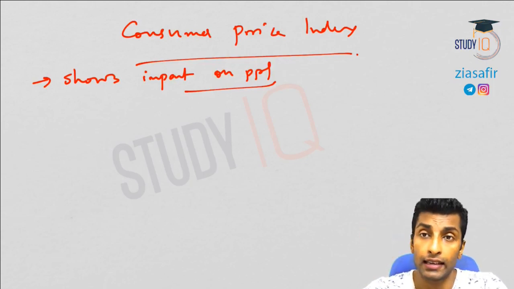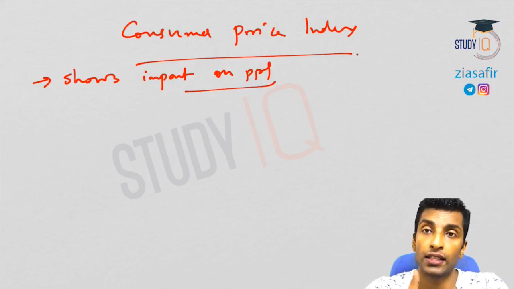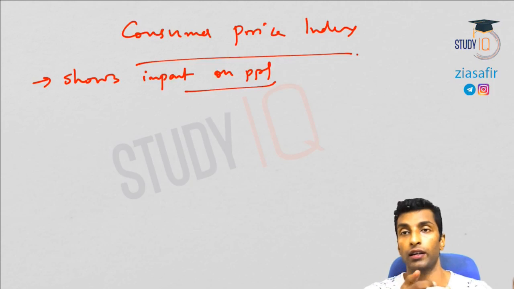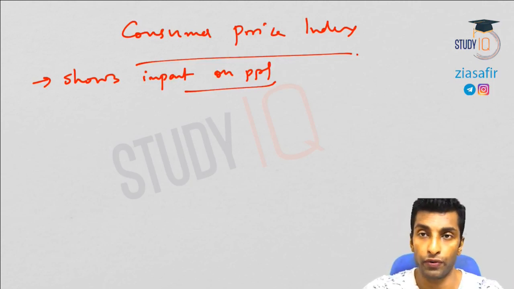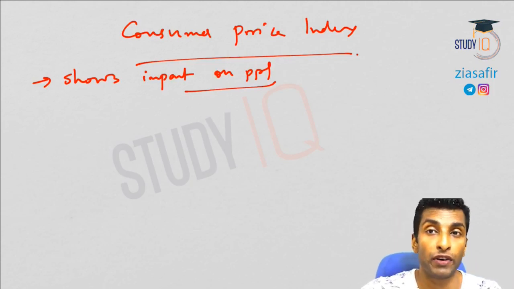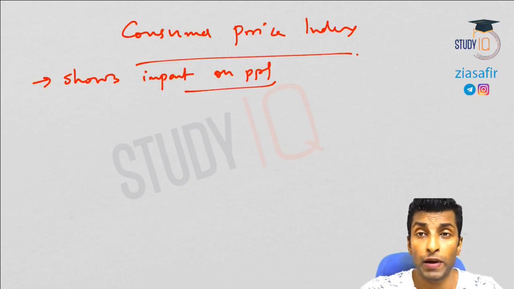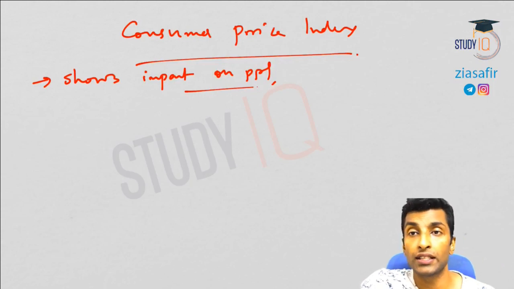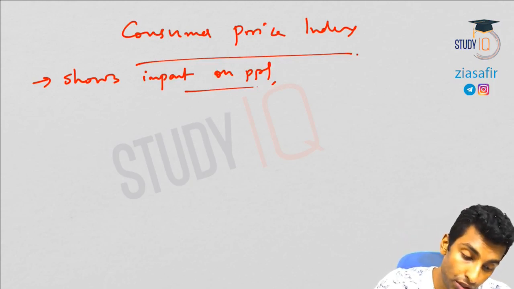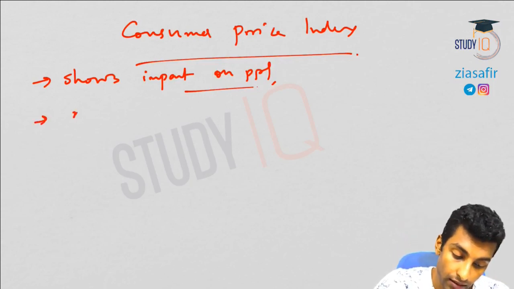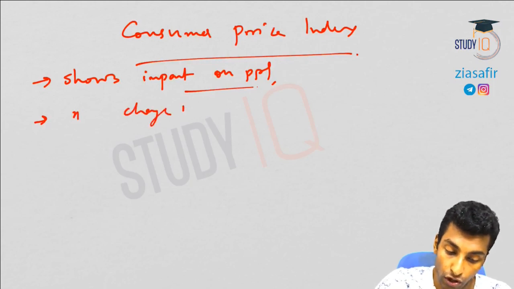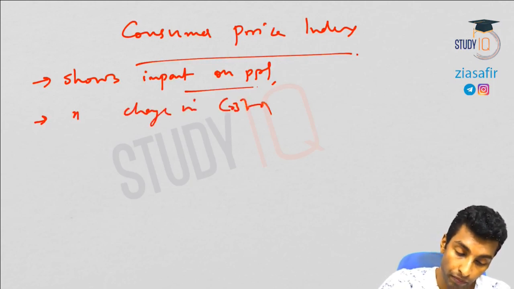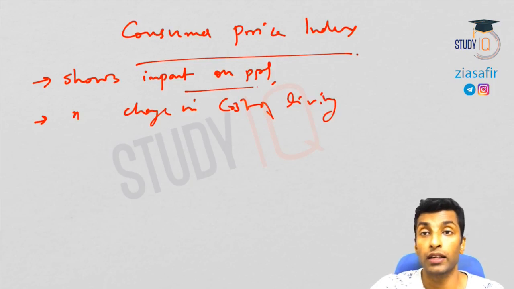So here it exactly shows the change in cost of living, understood from the consumer point of view. Earlier it was the wholesaler point of view. That shows the impact of inflation on the economy. Here, impact of inflation on the consumer. Okay, so it shows the change in cost of living. Now this is actually used to grant the dearness allowance.